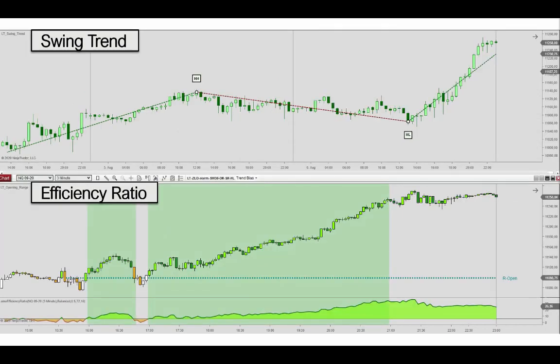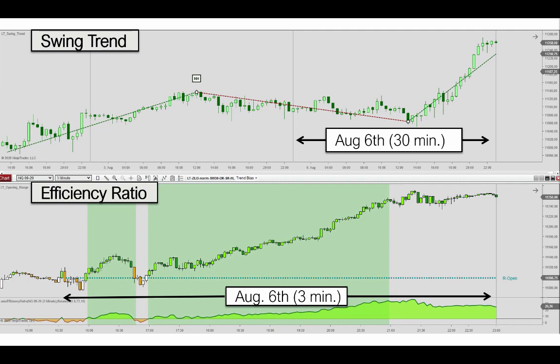Here's another example where there is alignment between the 30-minute chart and the lower time frame 3-minute chart on the same day. And you also see that Bloodhound excludes output here for this brief ranging market, dropping below the chop threshold here.